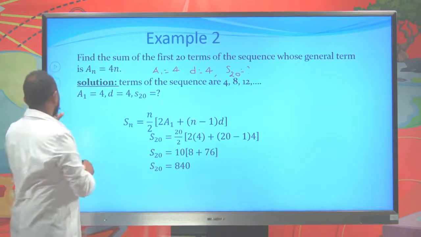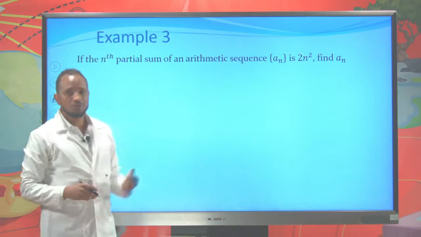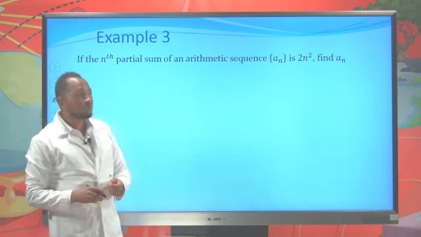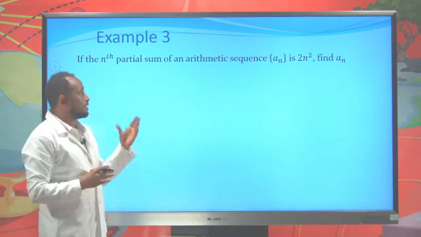Now let's continue to example 3. Here, the nth partial sum of an arithmetic sequence is given to be twice n squared, and you are asked to find the formula for the nth term of this arithmetic sequence.